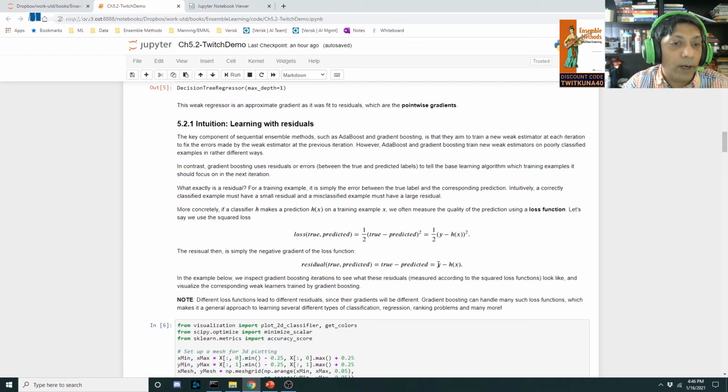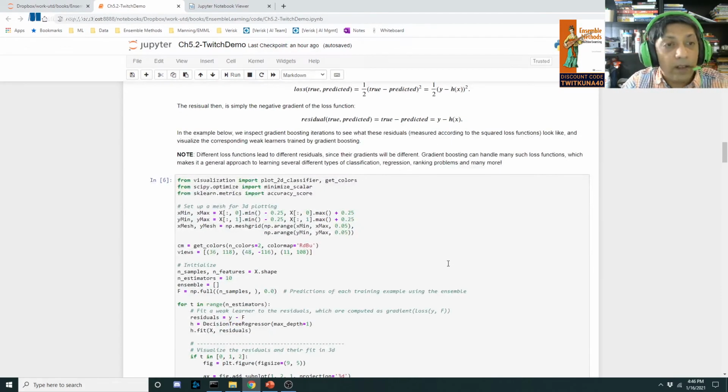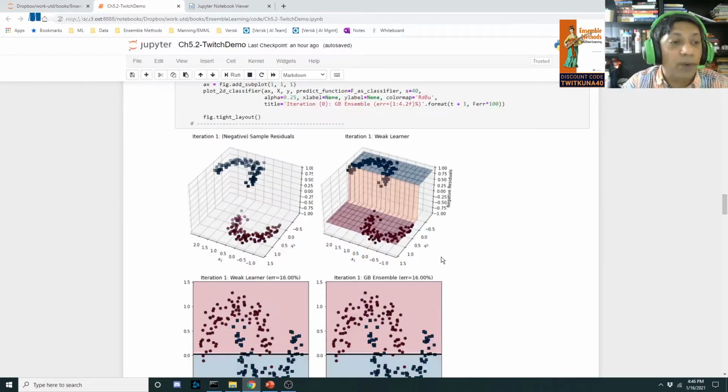The true label for squares is going to be 1. For circles, the y is going to be -1, and the prediction is still going to be 0. So the residuals are going to be 1s for one class and -1s for the other class, which is exactly what we have over here. We compute the residuals explicitly based on our current initialization, which is 0.